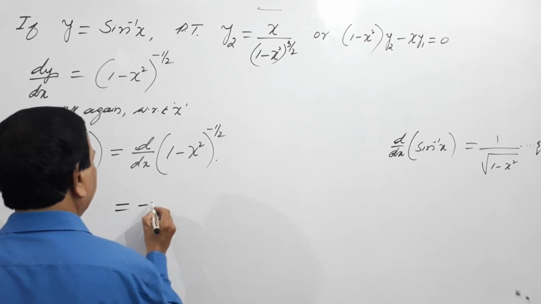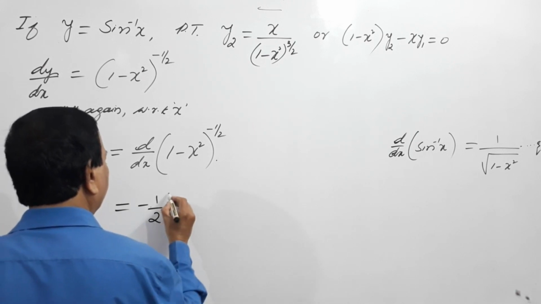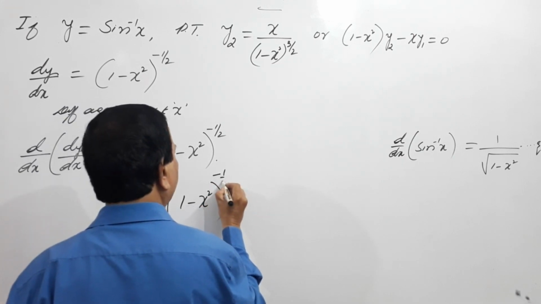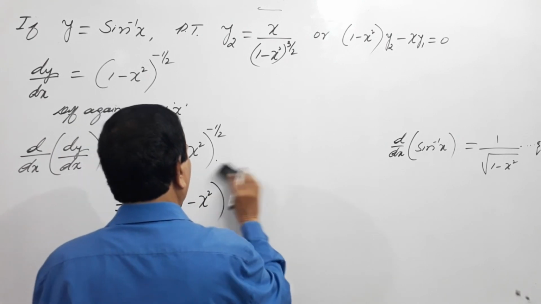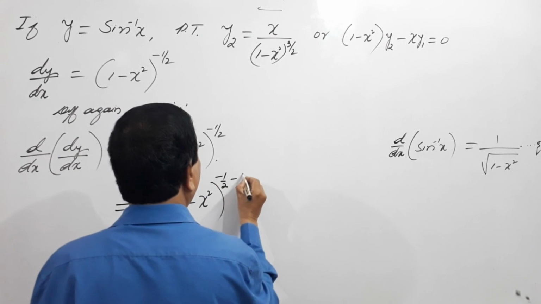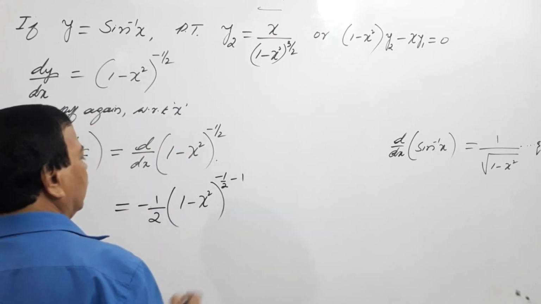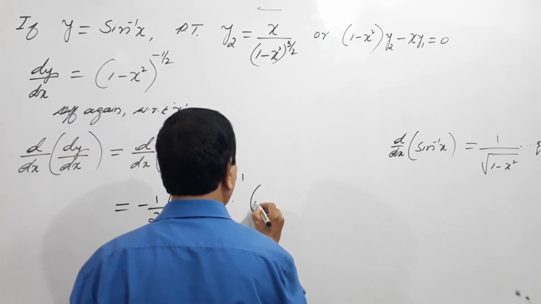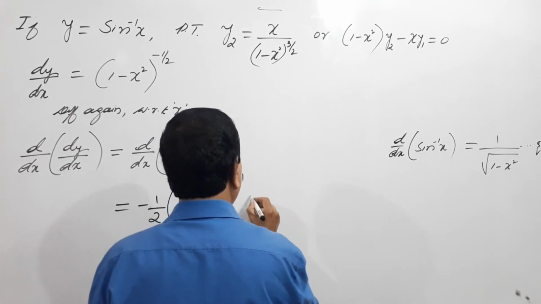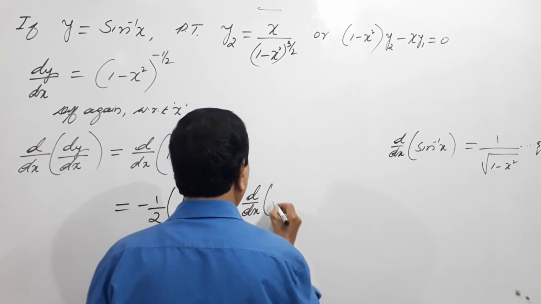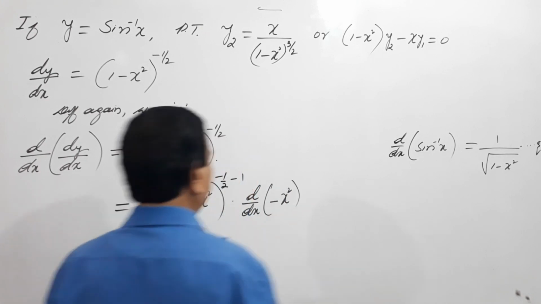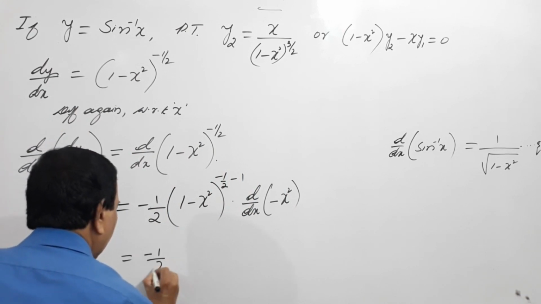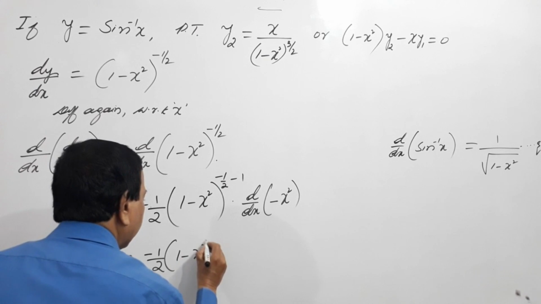This is nothing but minus half into 1 minus x square to the power of minus half minus 1, into d by dx of minus x square, which I write as one step. So this is minus half into 1 minus x square to the power of minus 3 by 2.